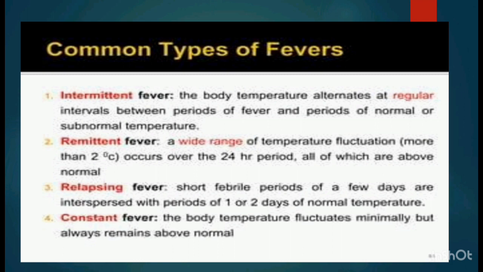Relapsing fever, where short febrile periods of a few days are interspersed with periods of 1 to 2 days of normal temperature. Constant fever, where the body temperature fluctuates minimally but always remains above normal.